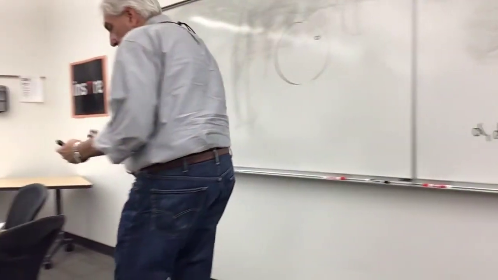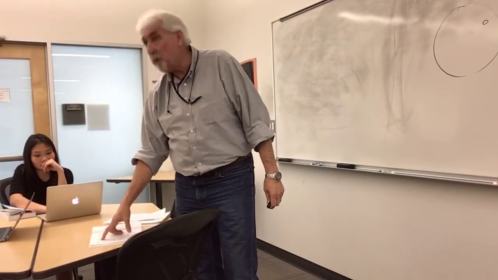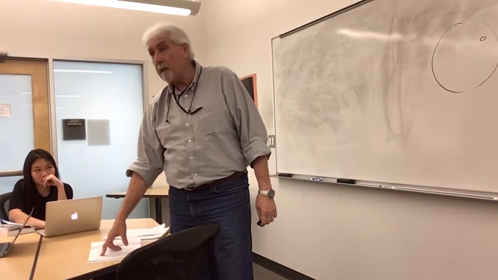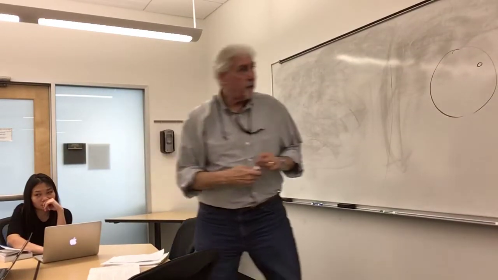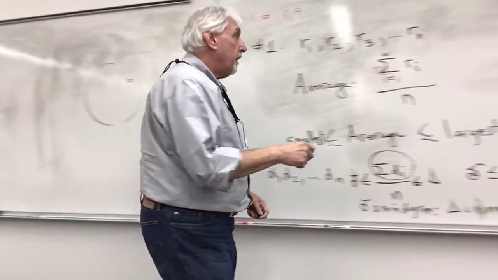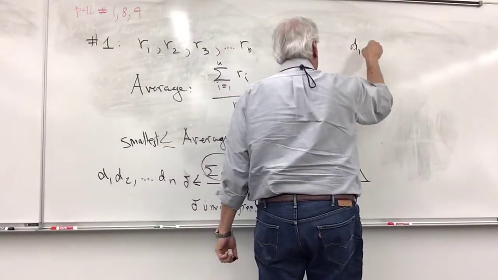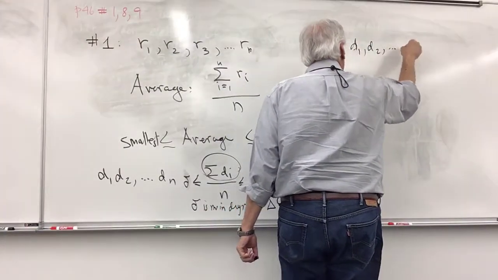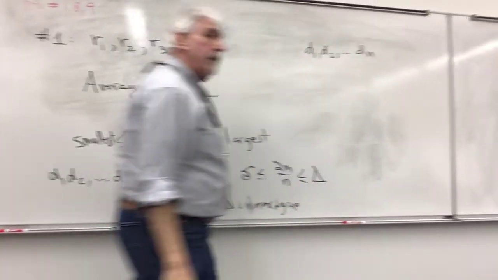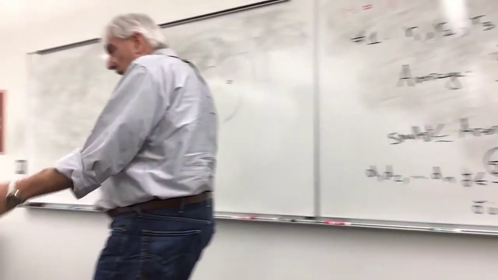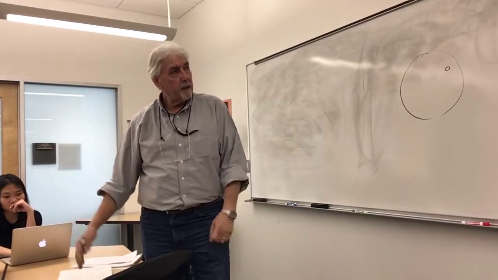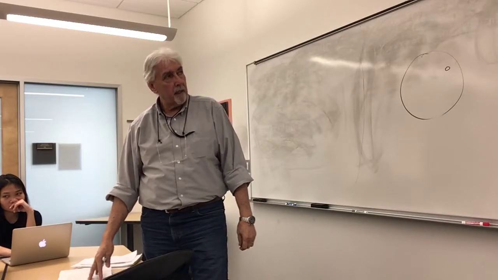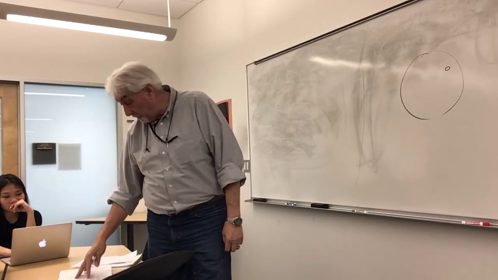So I have an n2n graph. Let's just imagine d1, d2, dn. I have n vertices, and each of the vertices has a degree. Could be zeros, no negatives. So each vertex has a degree, d1 through dn.